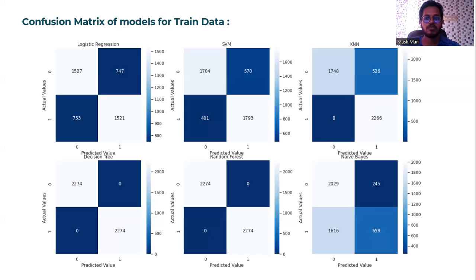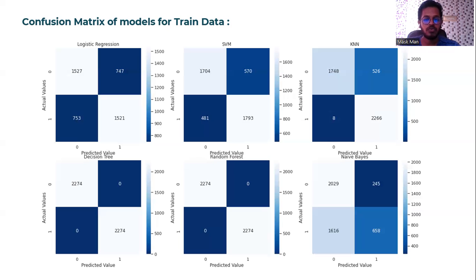If you want to reduce this number, that means if a person has a risk but the model predicts the person doesn't have a risk, we have to reduce the false negative value 753. If you want to focus more on case one, we have to consider this 753 box.